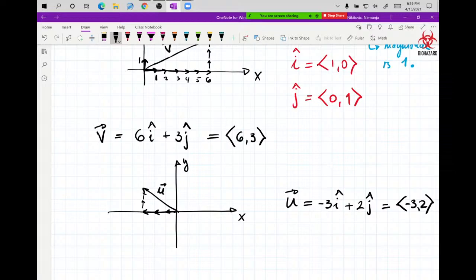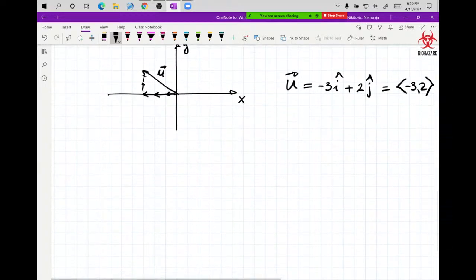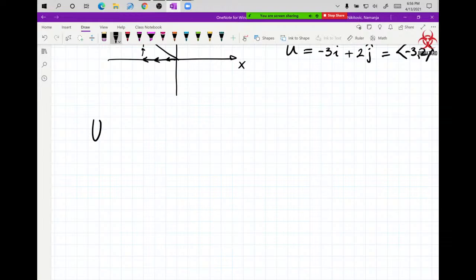Okay, so what's next? Unit vector. Oh, that's going to be division, so hold on, before unit vector, let's add and subtract vectors.